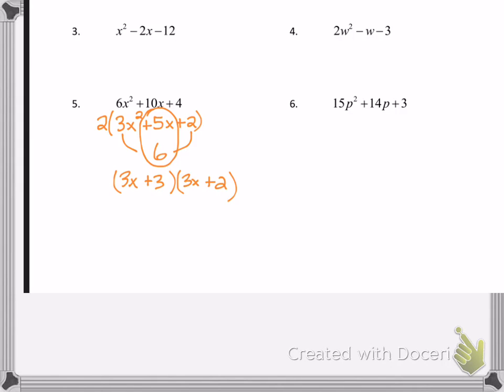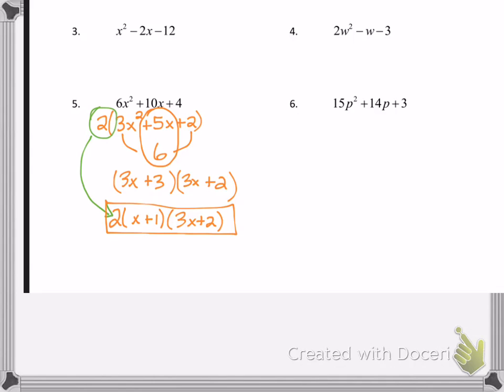And then reduce. x plus 1 because it reduces by 3. 3x plus 2. Now, last thing, remember the GCF that came from before? It has to come out in front. And so that GCF is 2. These are my factors. Okay?